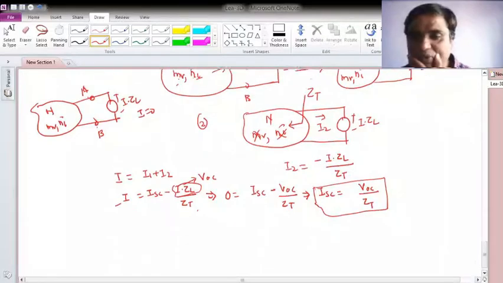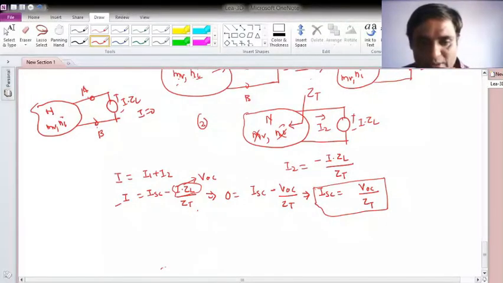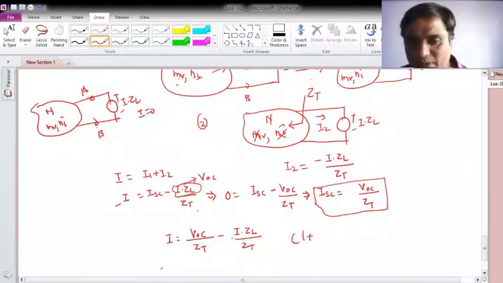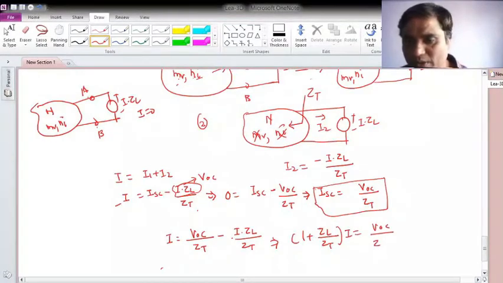Now I have obtained this ISC, so what will be my total I which I am concerned with? It will be ISC, which is VOC upon ZT, minus I into ZL upon ZT. So I will shift this to this side, so it will be 1 plus ZL upon ZT, into I, which is VOC upon ZT.